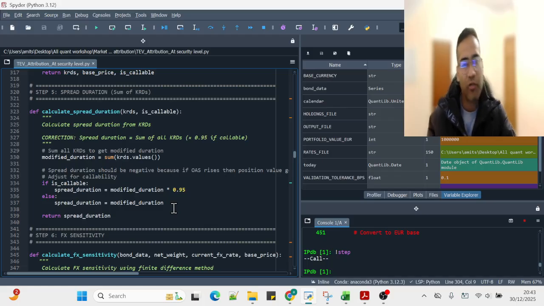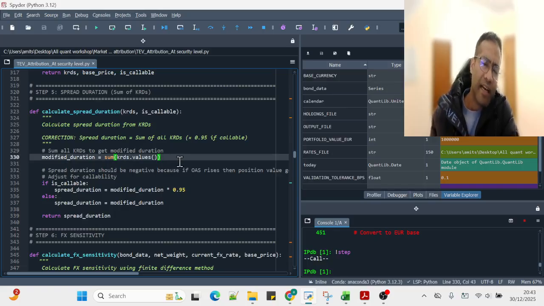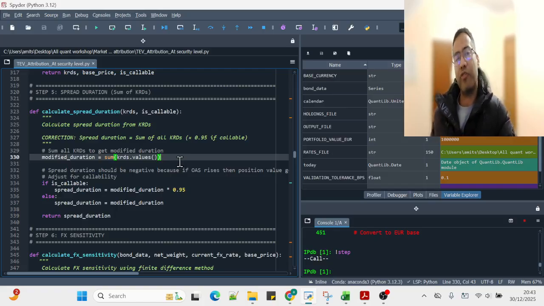And how do you calculate spread duration? One more simplification I use. Tell me how you calculate the sensitivity of a bond to credit spread. You change that credit spread and value the bond.